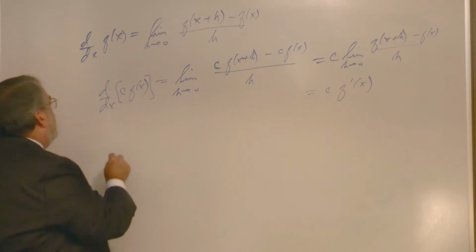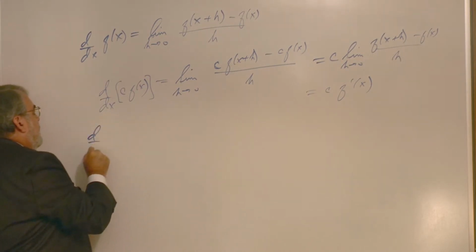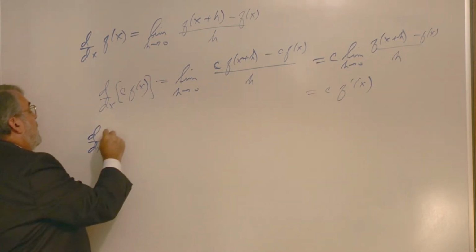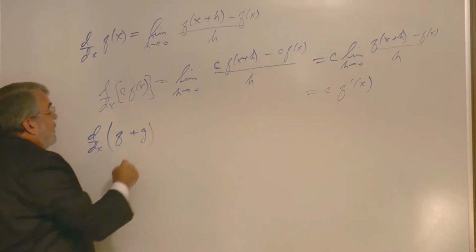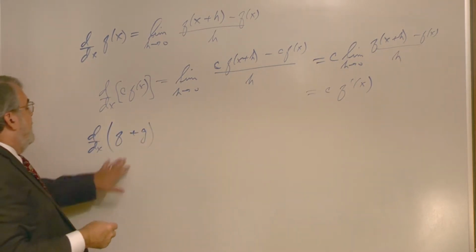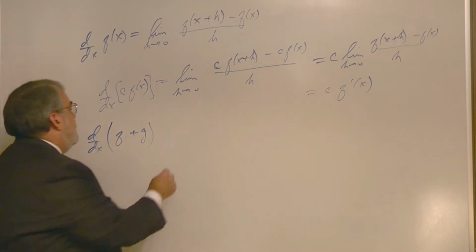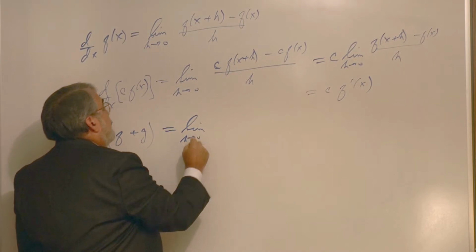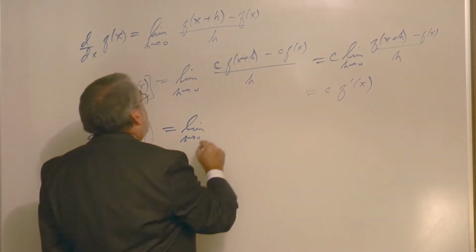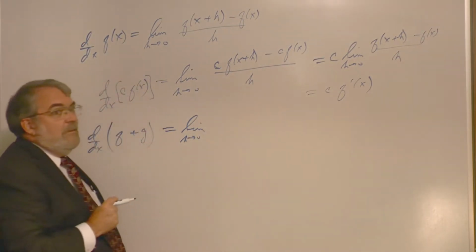Now the other one, and I'll use a short notation here, the derivative of the sum of two functions, f of x plus g of x. I'll just write them as f plus g. That would be the limit as h goes to 0 of, well, what do we got here?